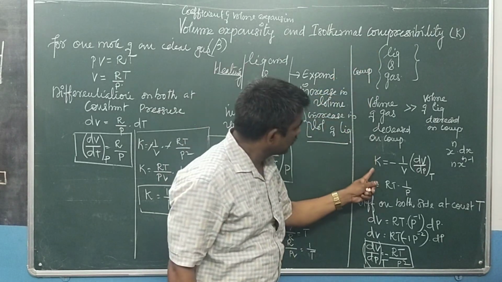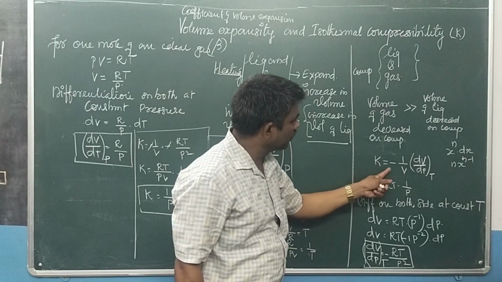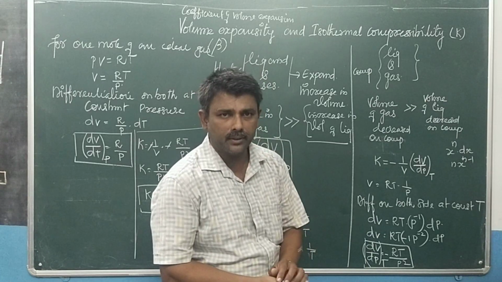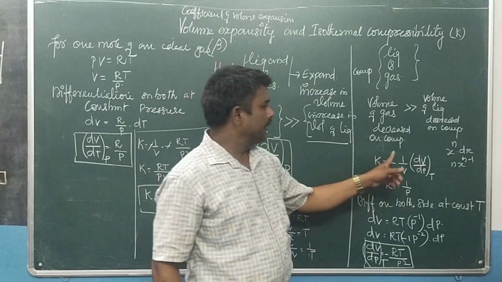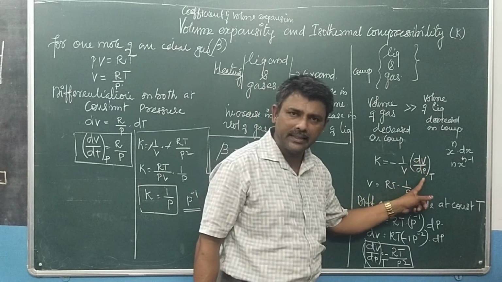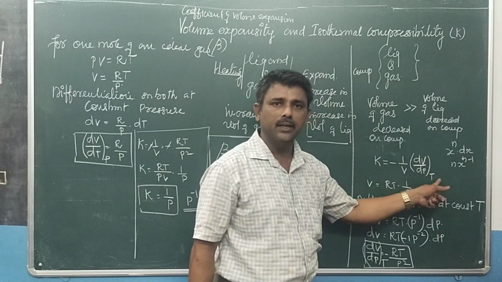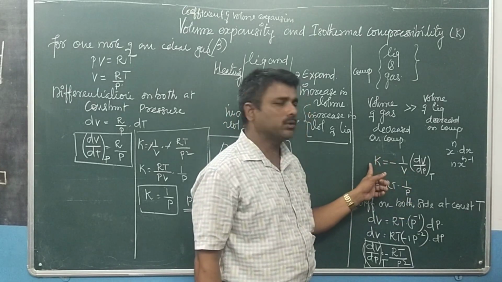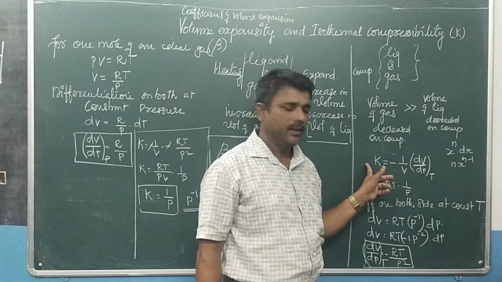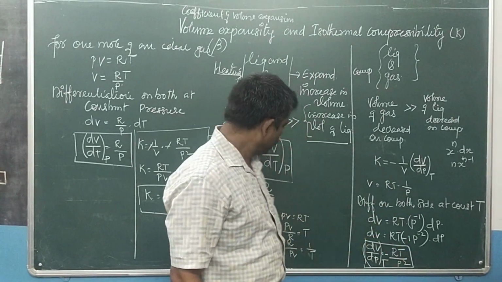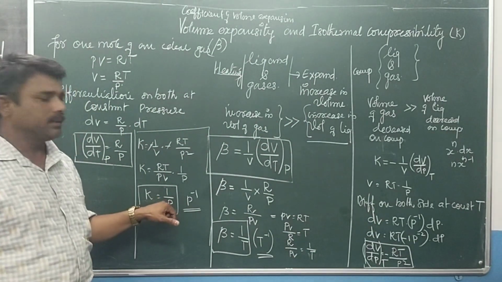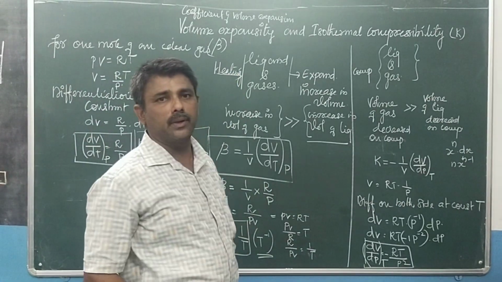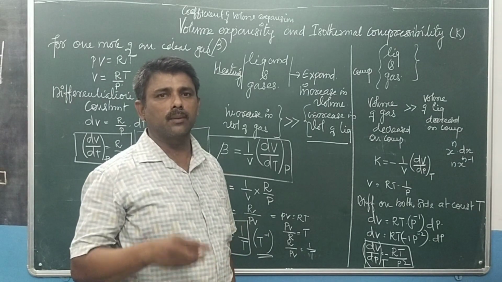K is the decrease in volume with increase in pressure at constant temperature for unit volume of the substance. For an ideal gas, isothermal compressibility kappa K is nothing but 1 by P. The dimension is P power minus 1.